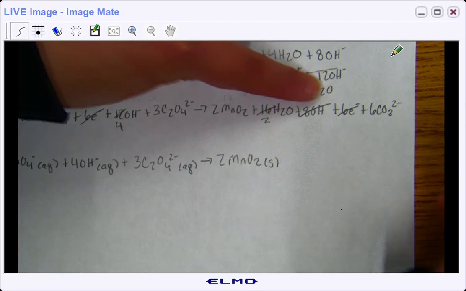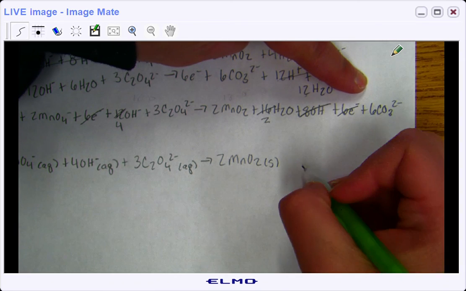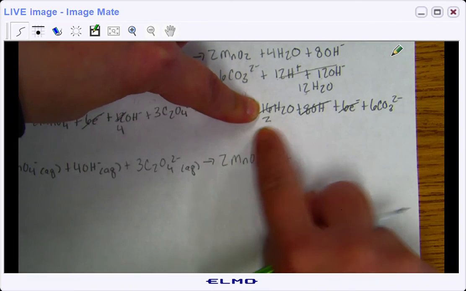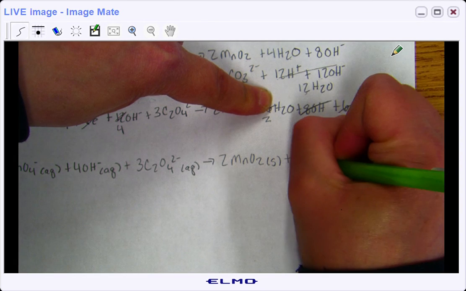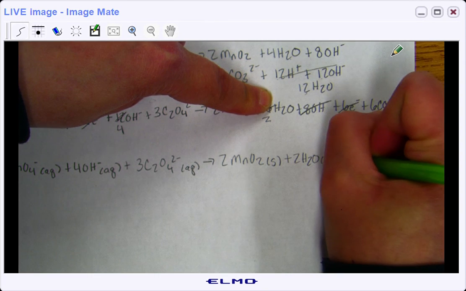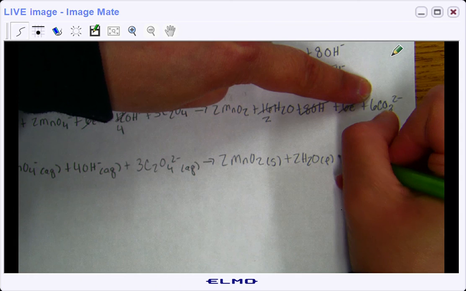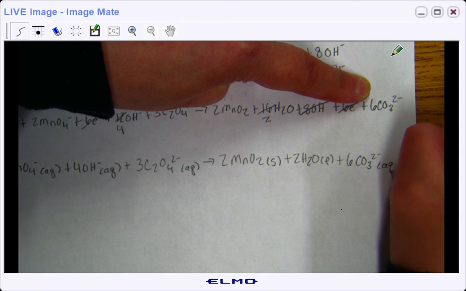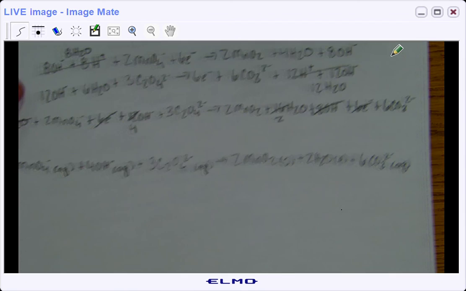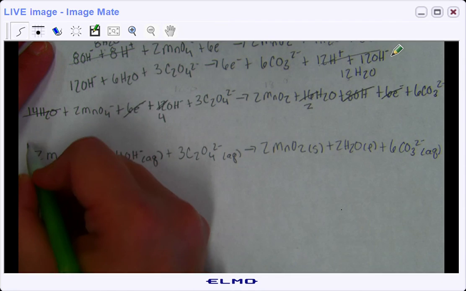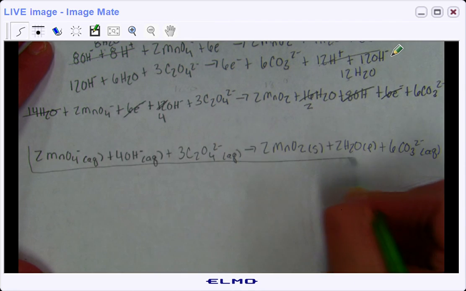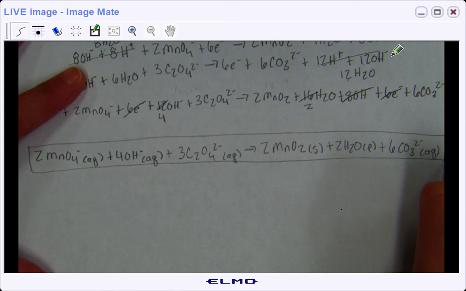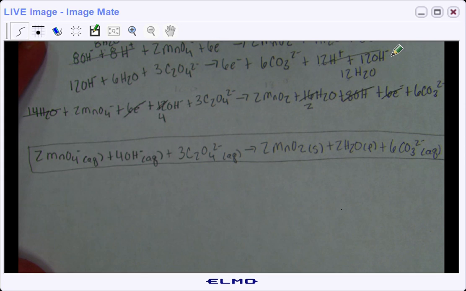Plus, I have 2 waters, which are a liquid. And I have 6 carbonate ions, which are also aqueous. So overall, this is my final equation for this example, balanced in a base.